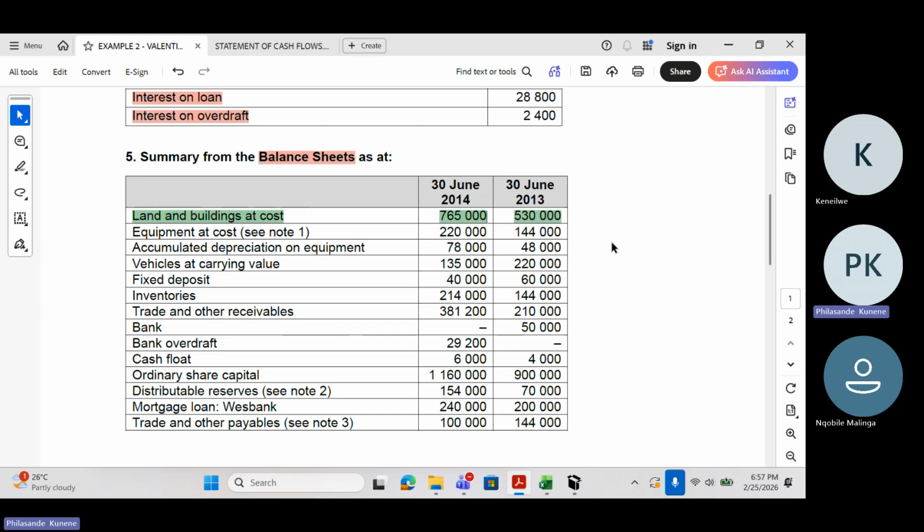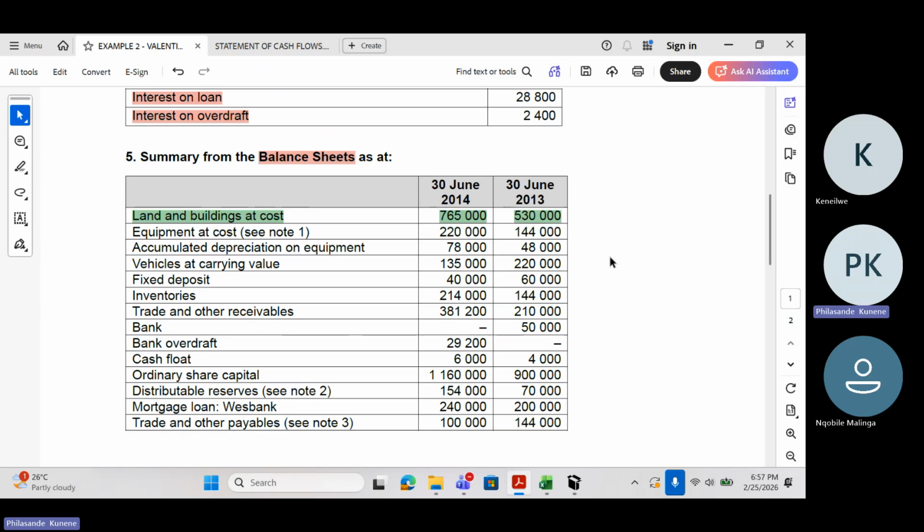Did we buy land and buildings or did we dispose of them? Inflow or outflow? What is happening here? It's additions. Yes, exactly. We purchased land and buildings because they increased from 530 to 765, which means there were additional purchases. We have additions here.